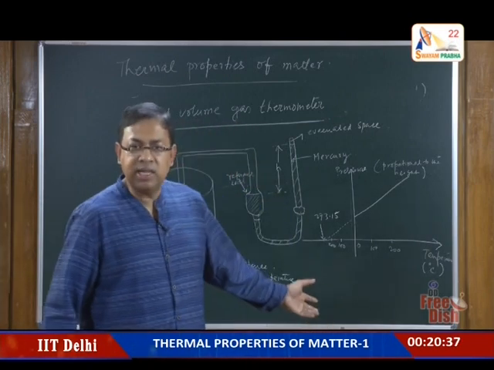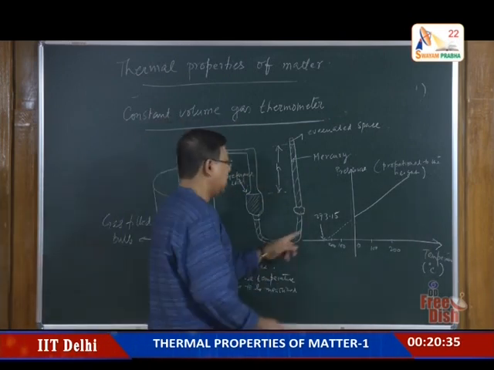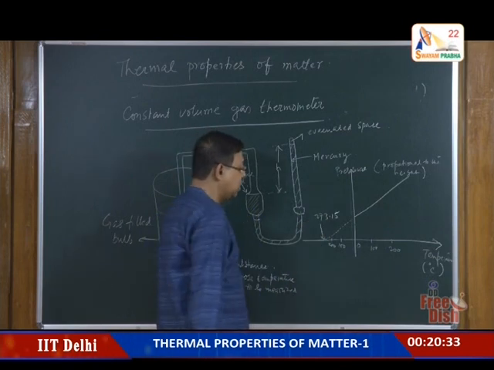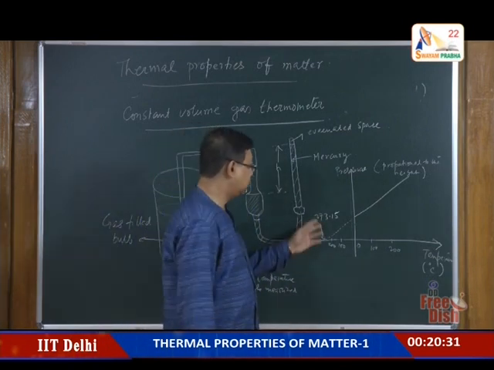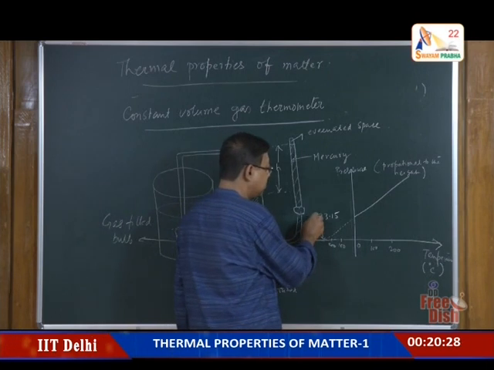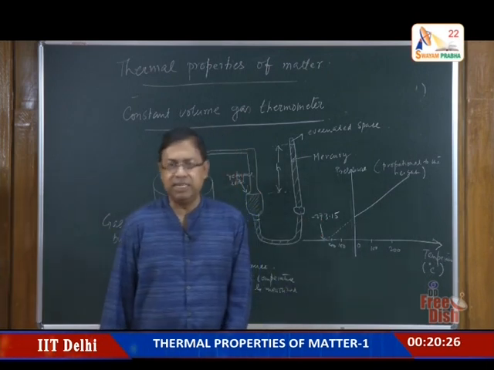And why is it called absolute zero? This is minus 273.15 in degree centigrade.